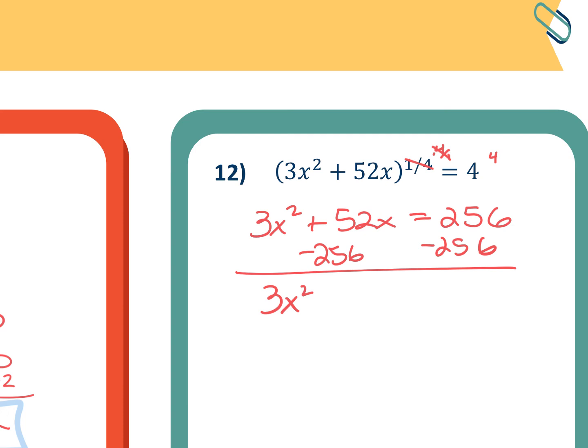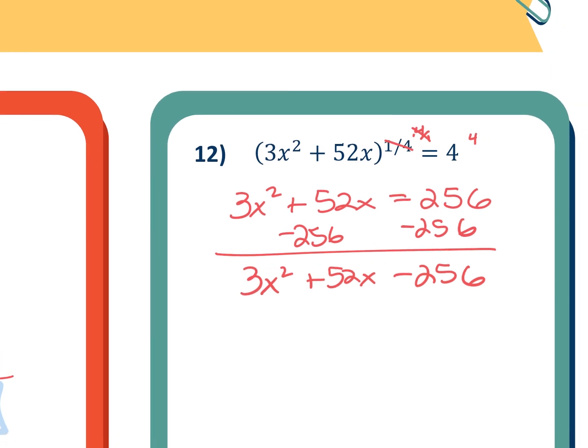3x squared plus 52x minus 256. I now need to factor this thing. There is no GCF because 3 won't divide into those. So I can either do grouping or guess and test.